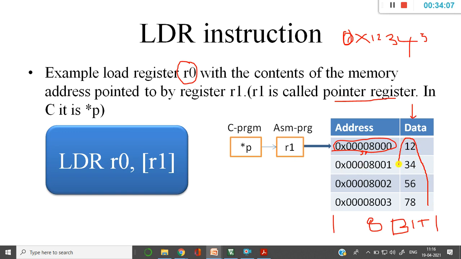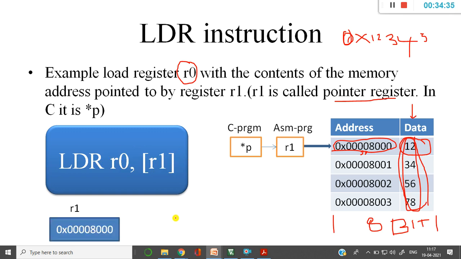It fetches all 32 bit data with LDR, because if I say LDRB, then only a byte of data is fetched. Now I am telling a 32 bit data to be fetched. From here it fetches the entire 32 bit data, and the content of R1 is going to be stored in my R0. So R1, what is the content? 8000. What is the content of R0 now? It is 0x12345678.